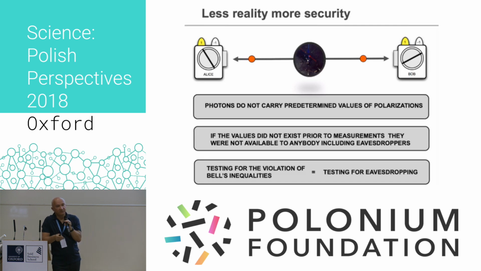Whoever eavesdrops would have substantial knowledge about it, and therefore you wouldn't see any violation of the Bell inequalities. So testing for the violation of Bell inequalities was pretty much equivalent to testing for eavesdropping. And at the time it was a wacky idea.